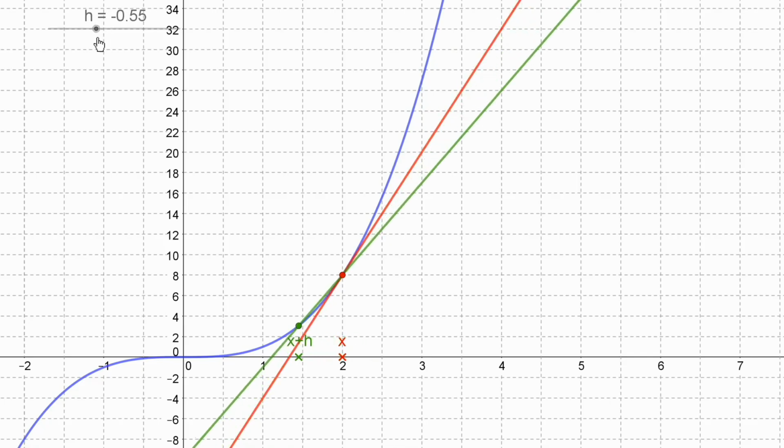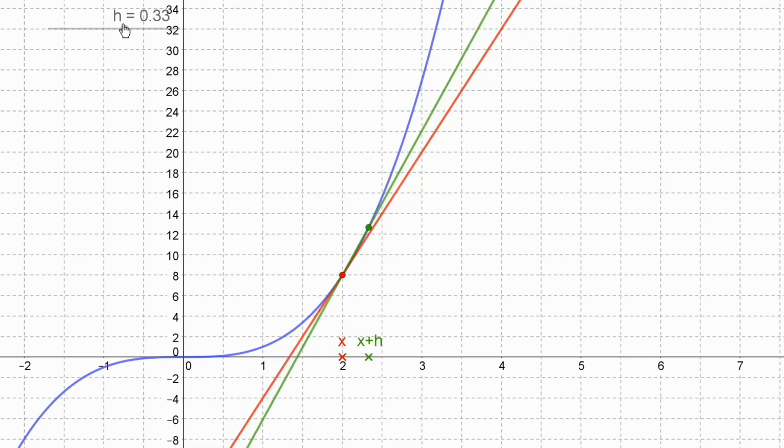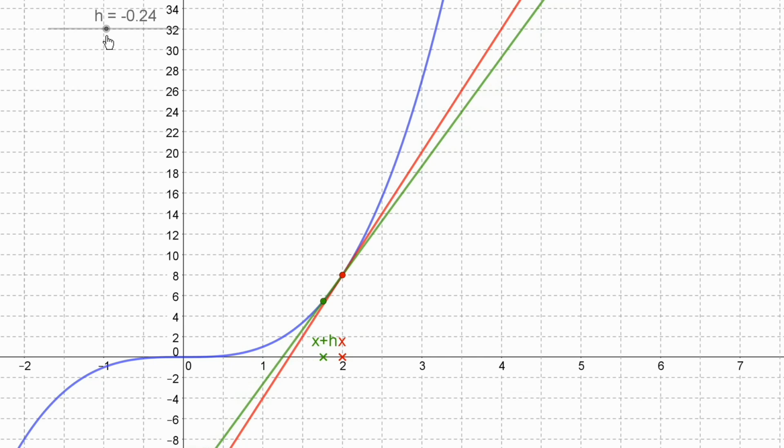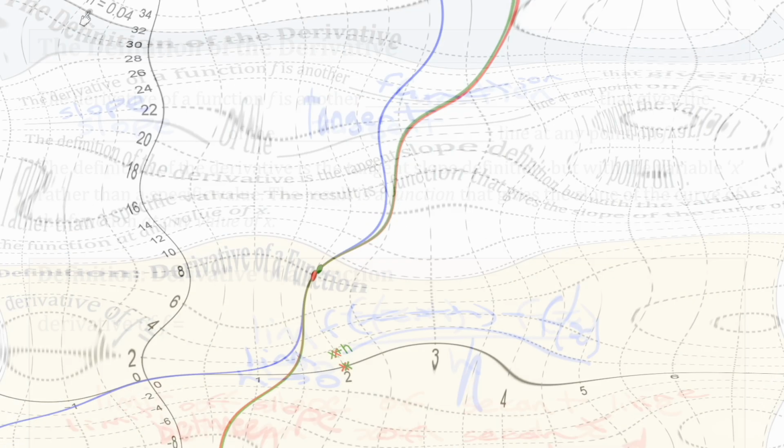It can be from one side or the other, and you can see that the slope of that secant line is getting closer and closer to the slope of the tangent line. And when h approaches 0, the slope of the secant line becomes the slope of the tangent line.